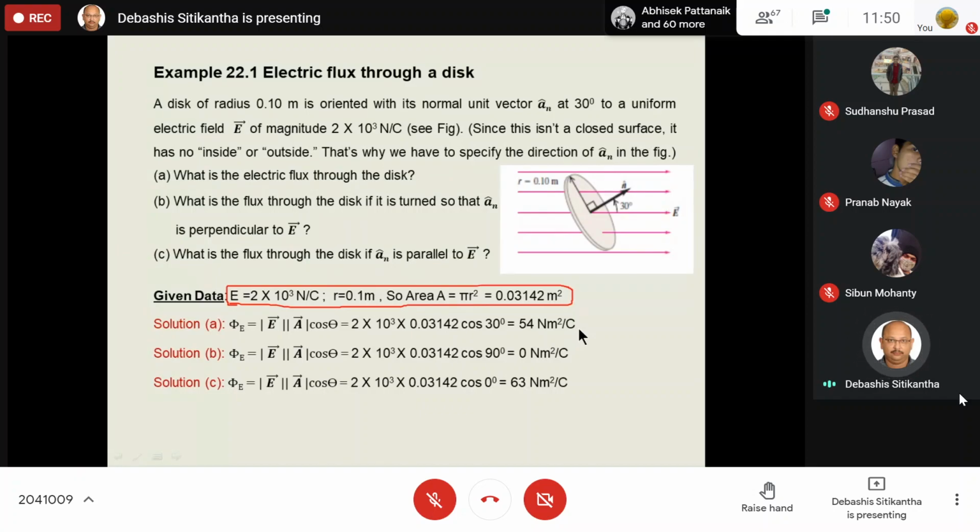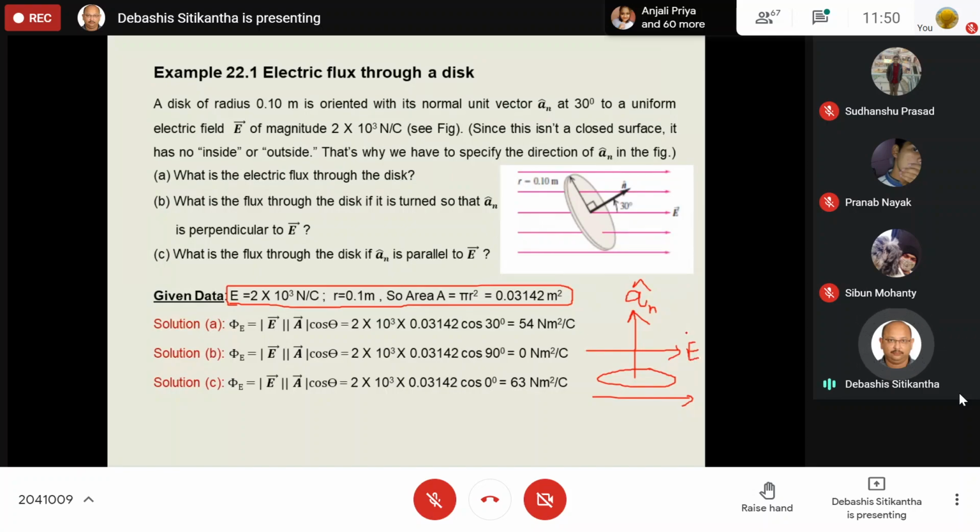Similarly, next question. What is the flux through the disk if it is turned so that A n cap is perpendicular to E vector? What does this case mean? These are the electric field lines, and we have the disk such that A n cap is perpendicular to the E vector.